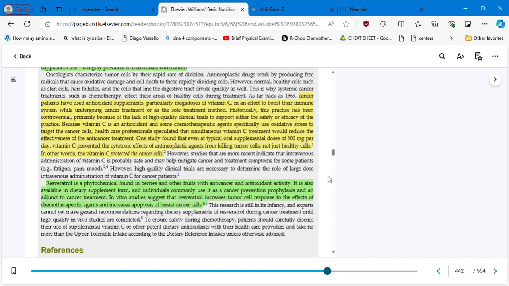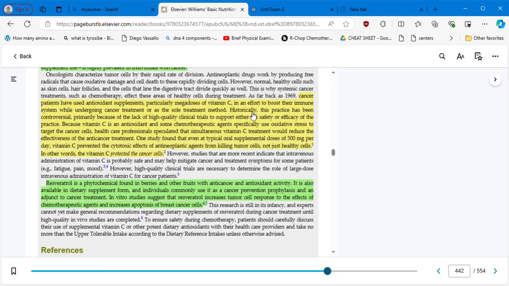Cancer patients have used antioxidant supplements, particularly mega doses of vitamin C, that we know is good for healing, in an effort to boost their immune system while undergoing cancer treatment, or as the sole treatment method. So, what we know about vitamin C is that it is good for immune defense, right?